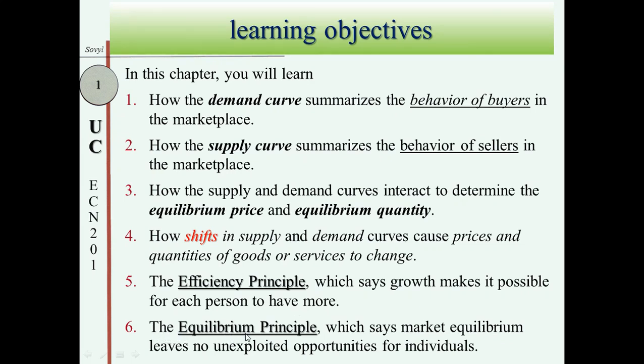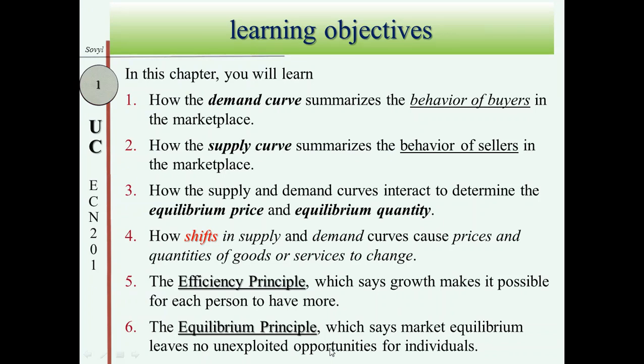6. Equilibrium principle. The equilibrium principle relates to point 3 and point 4. The equilibrium principle says that market equilibrium leaves no unexploited opportunities for everyone, for individuals. Leaves no unexploited opportunities.